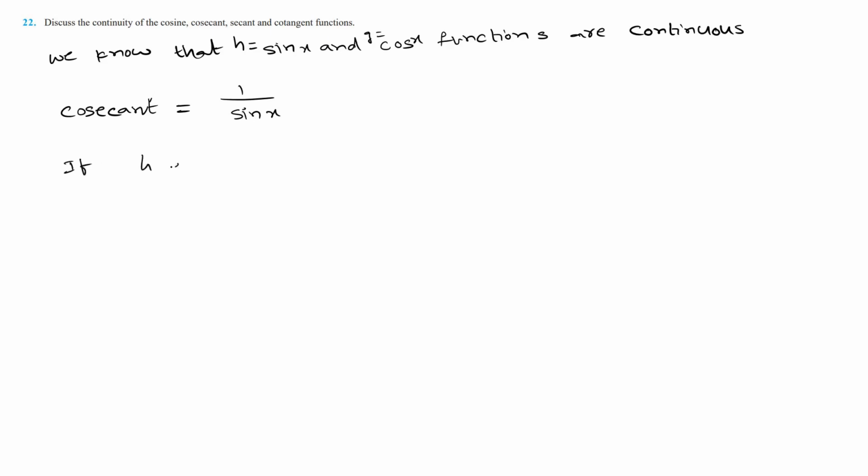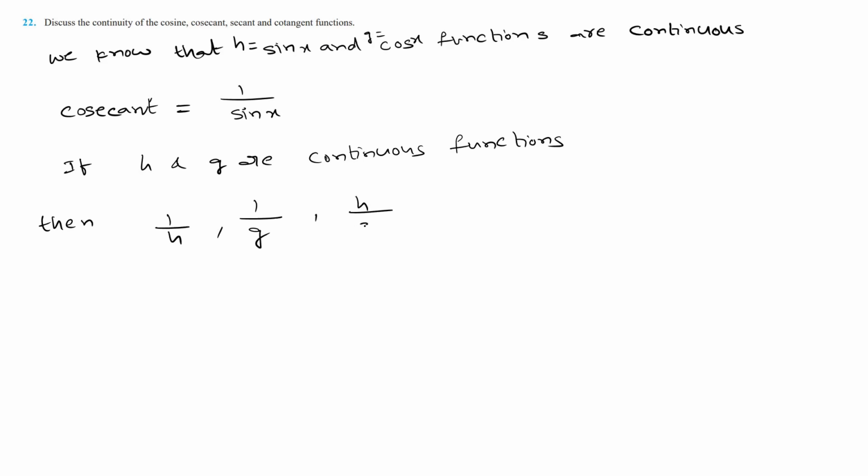So if h and g are continuous functions, then 1 by h, and secant, which is nothing but 1 by cos, and also g by h, where h is not equal to 0, are also continuous functions.